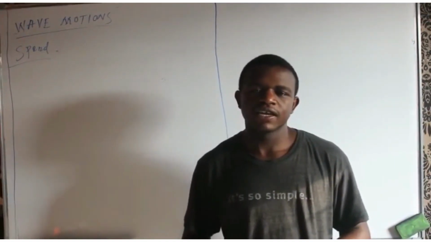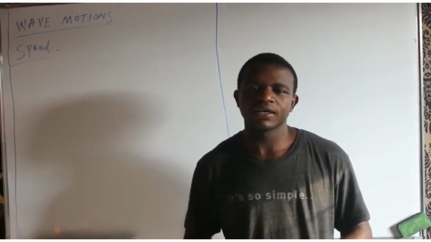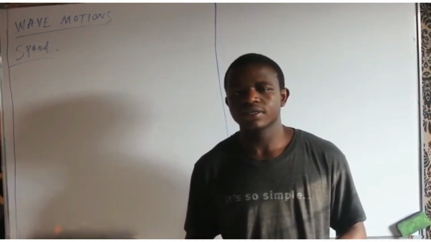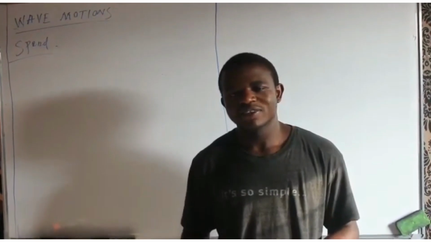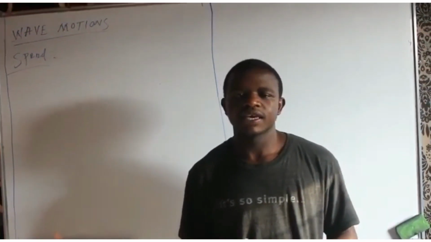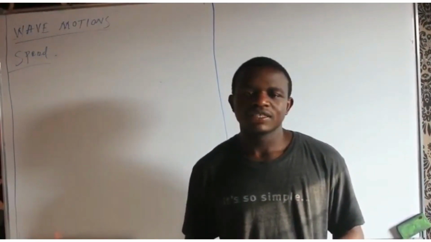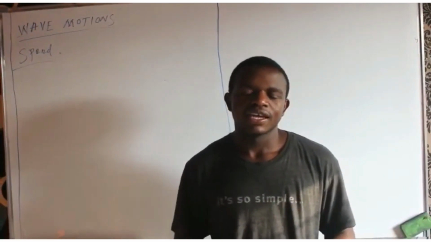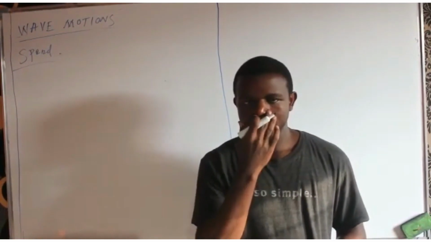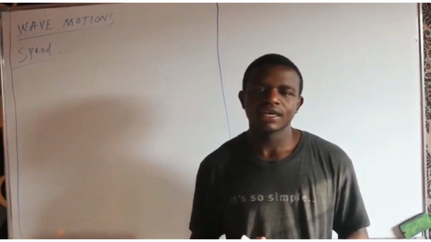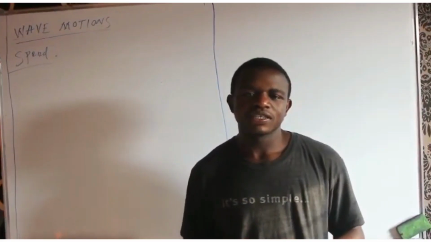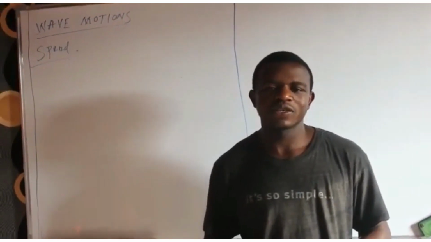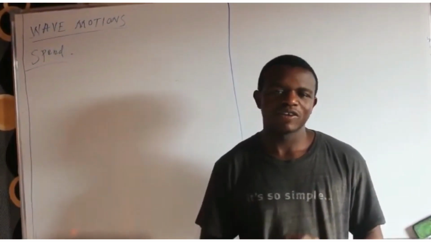So speed is defined as the distance traveled by a particle from its rest position per second. The symbol used to represent speed is capital letter V, and speed is measured in meters per second. And the formula that you use when calculating speed, you say V is equal to frequency multiplied by wavelength.